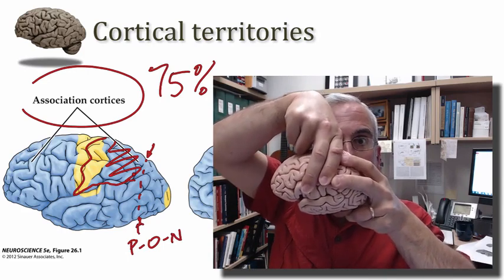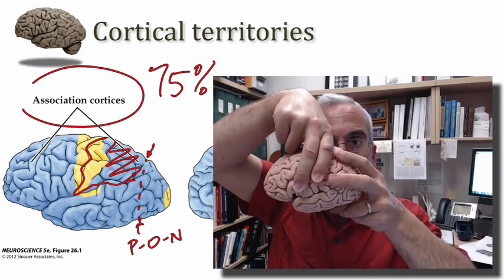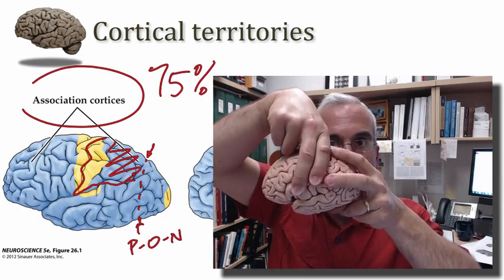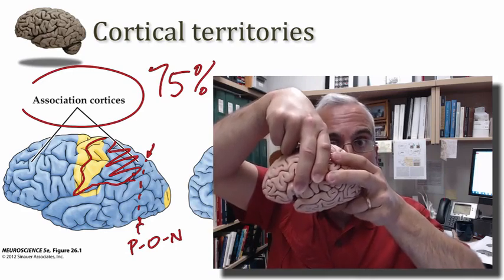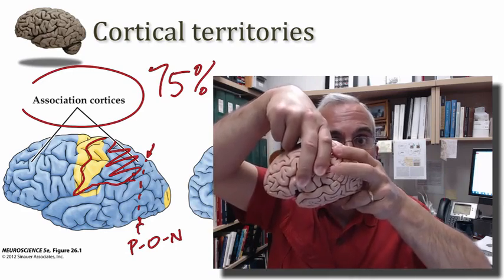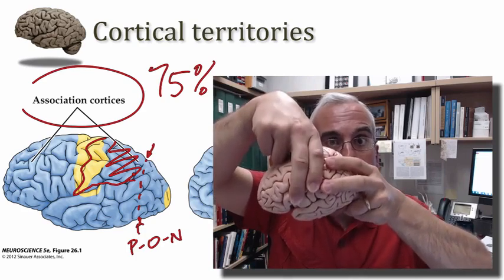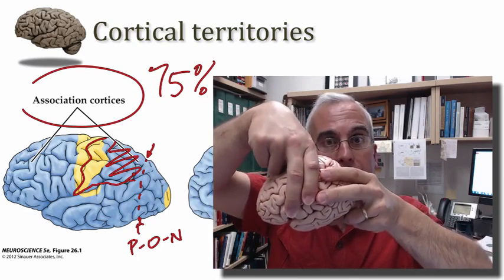So what we're talking about today basically is the cortex represented by my index and middle fingers of my left hand. The index finger is representing the superior parietal lobule, and the middle finger is representing the inferior parietal lobule, with the sulcus between these lobules being the intraparietal sulcus.